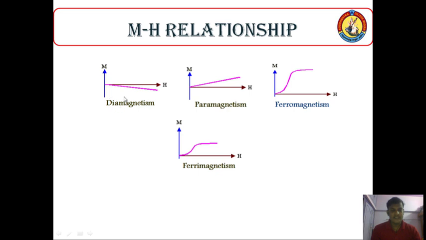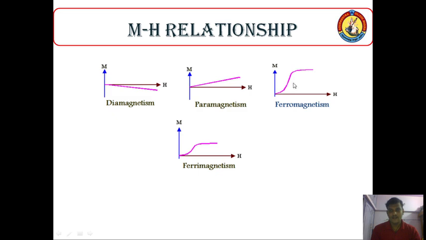For diamagnetism, as I said, it gives a negative magnetization value, so even in a high magnetic field it gives the negative impact. But in the paramagnetic material, at a high magnetic field H, it gives a magnetization but it is very low. In the case of ferromagnetic material, which gives the hysteresis behavior, the atoms are aligned in the direction of the magnetic field up to the saturation magnetic field.